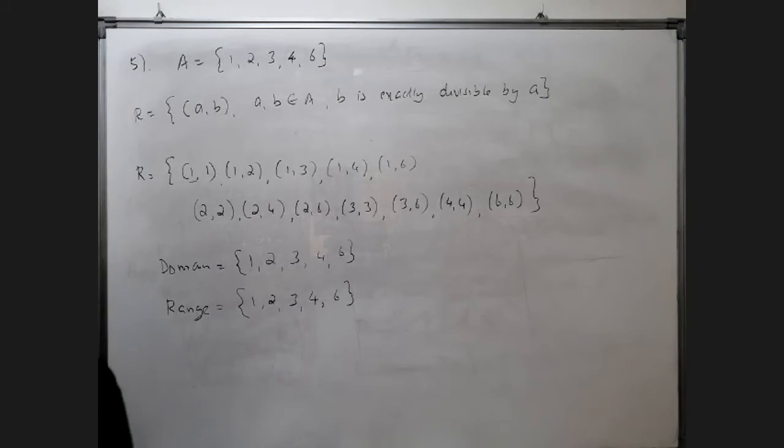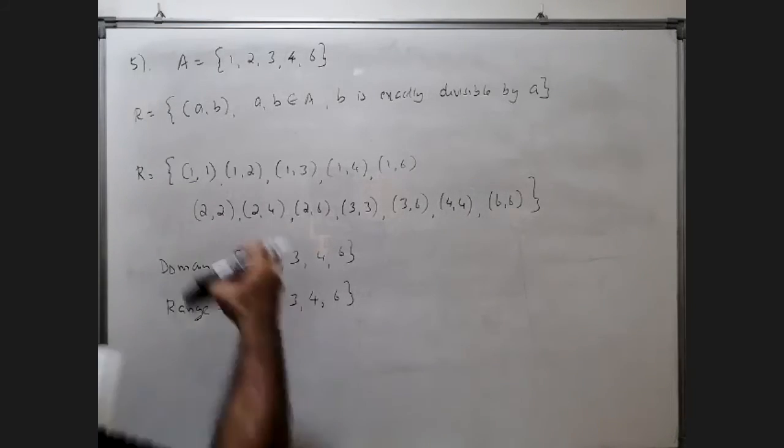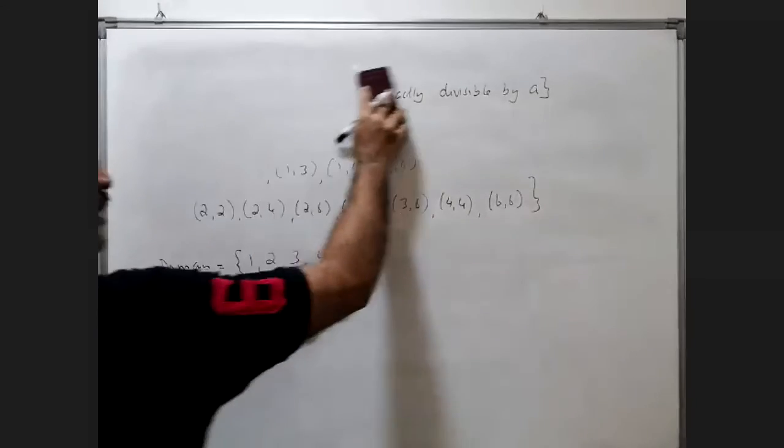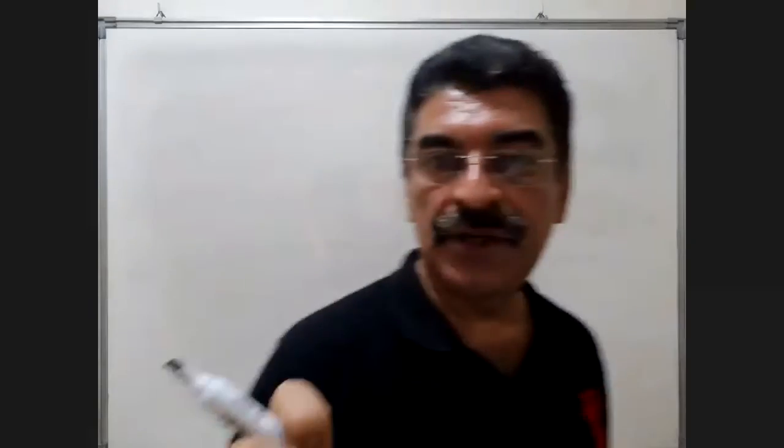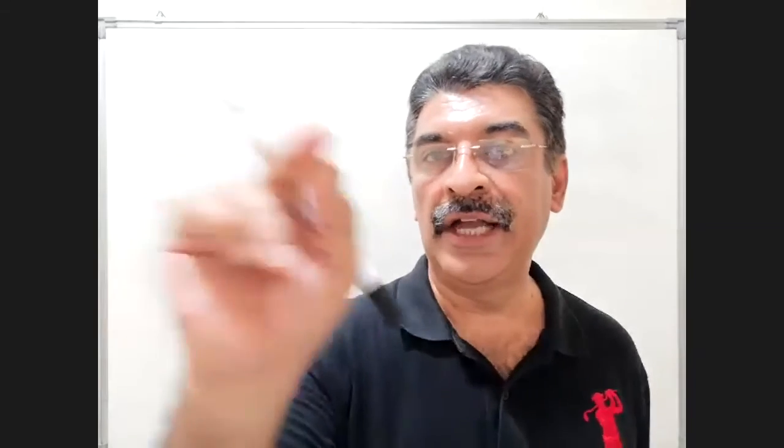Now, question number 6. Again, define domain and range. If you are writing in roster form or arrow diagram, roster form is better, because from the roster form we can very easily write the domain and range.